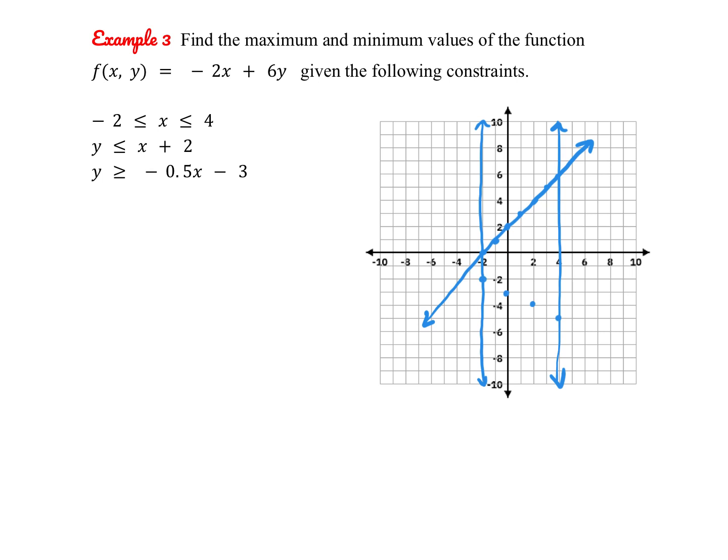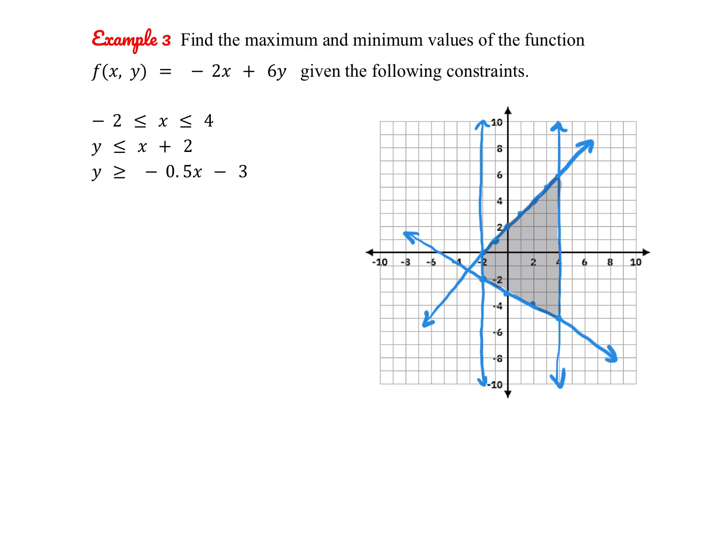So it looks like this. And this one is everything above that line. So it's between your vertical lines, below this one and above this one. So hopefully we can see that our feasible area would be this kind of trapezoid right here in the middle.